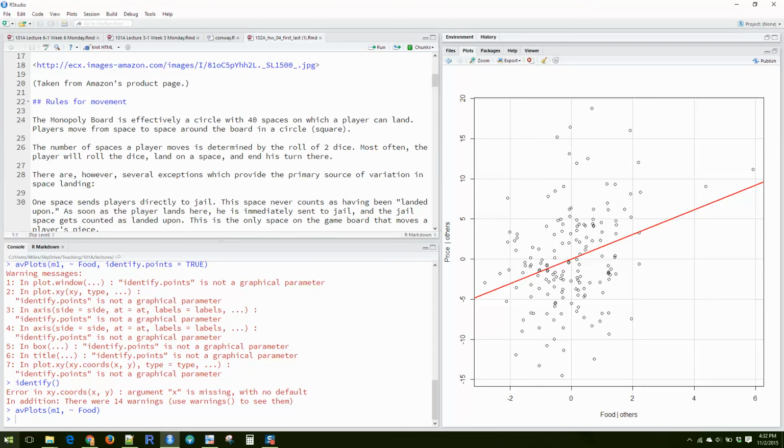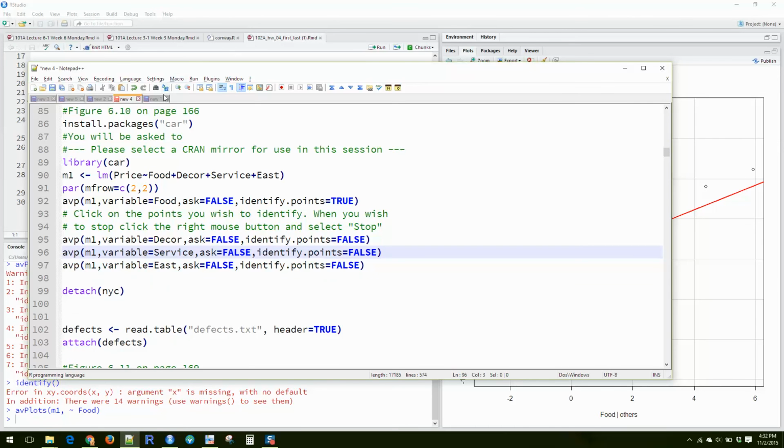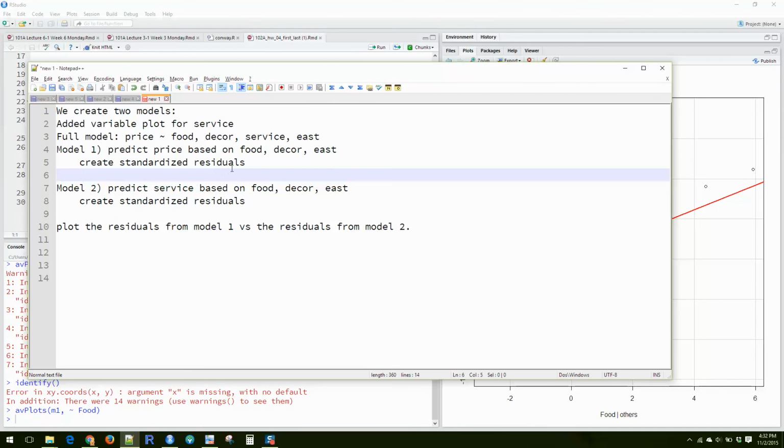We can do it ourselves also if we wanted to follow these steps: creating the full model based on everything else, and then taking the residuals, not standardized, just the residuals, and plotting those against each other.